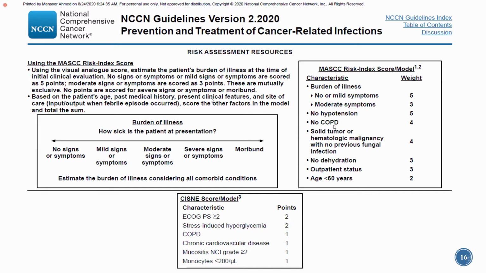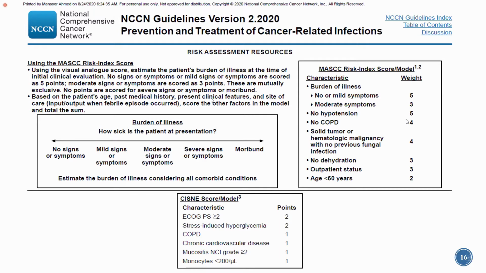And if there is no COPD, the score is 4. And similarly, hematological malignancy or solid tumor with no previous fungal infection, the score is 4. Those who have previous infection, you're not going to assign them the score. And those patients who do not have dehydration and have outpatient status at the time of febrile neutropenia have a score of 3. Age less than 60 is a score of 2.